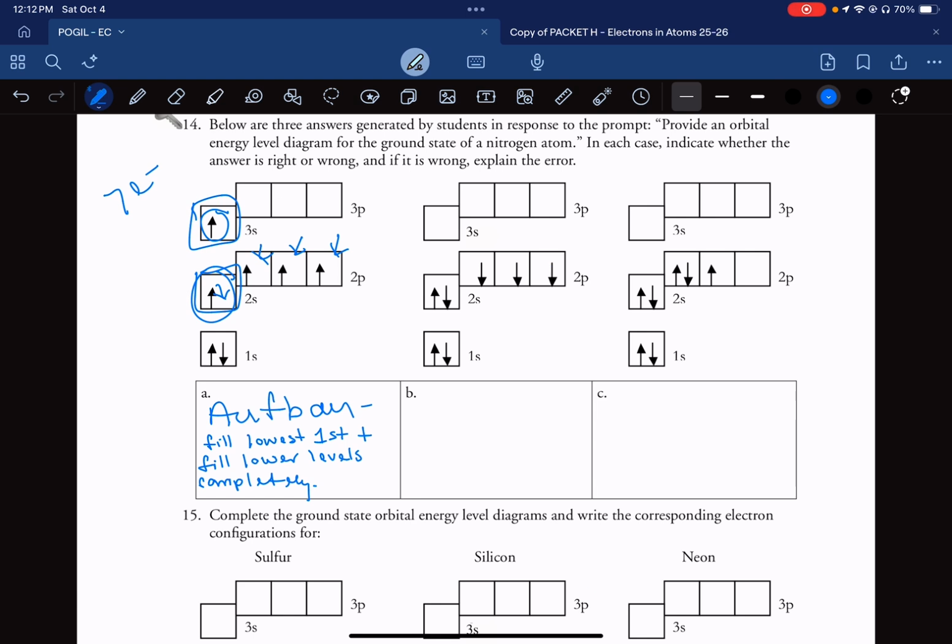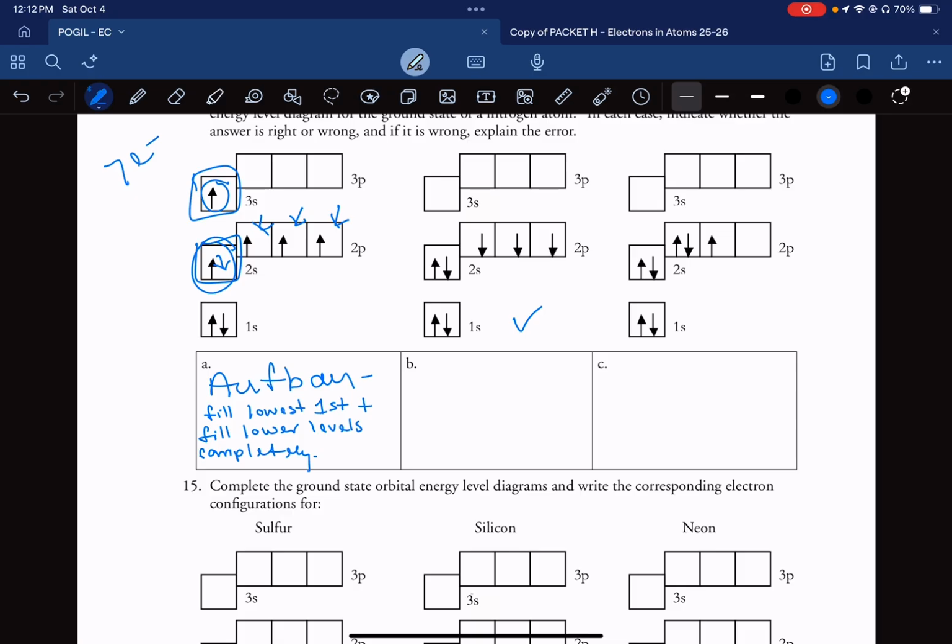Hund's rule describes how electrons can be distributed among orbitals of the same sublevel. Even though we have one orbital, it's also a sublevel, and so are these.